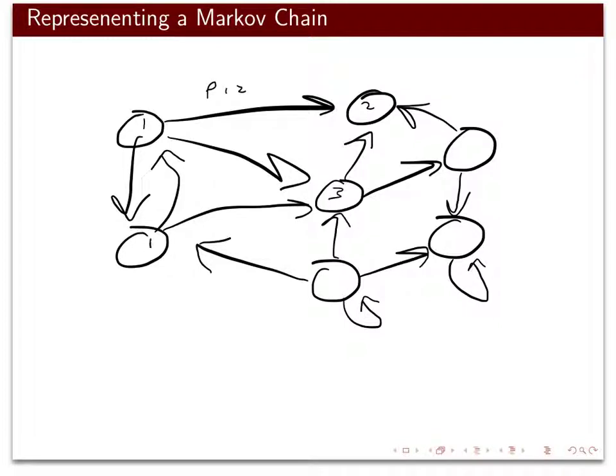Let's say this is state 3, state 4, P13, P14. Now, this is the probability that starting at state 1, you go to state 2, starting at state 1, you go to state 3, starting at state 1, you go to state 4. What should we have? We should have the sum over all possible destinations k of Pik equal to 1 for all i. And this is the same as saying that in the transition matrix, the row sums should equal 1.